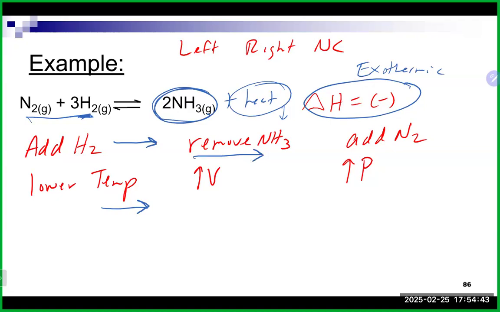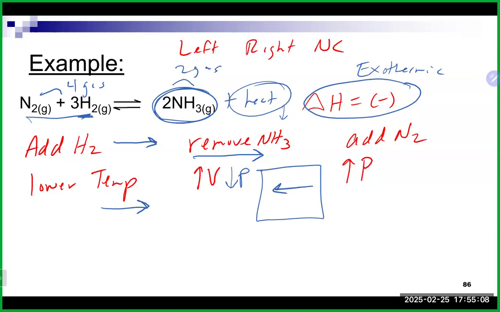We're going to increase the volume. That also would mean, by the way, that the pressure would be dropping. And because we now have a larger volume, we need more gas molecules in there to bring the pressure back up. In this case, we have 4 gas molecules on the reactant side, and here we have 2. So in this case, we would shift to the left.